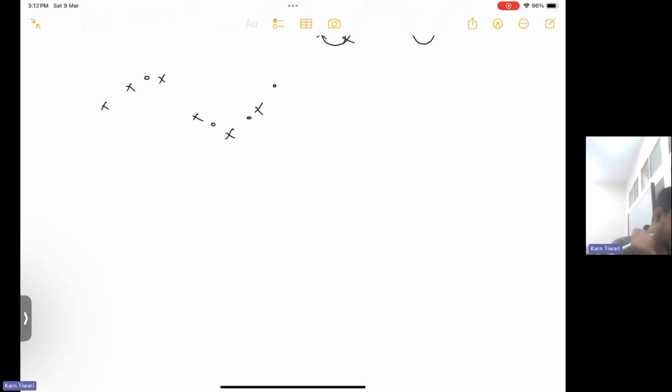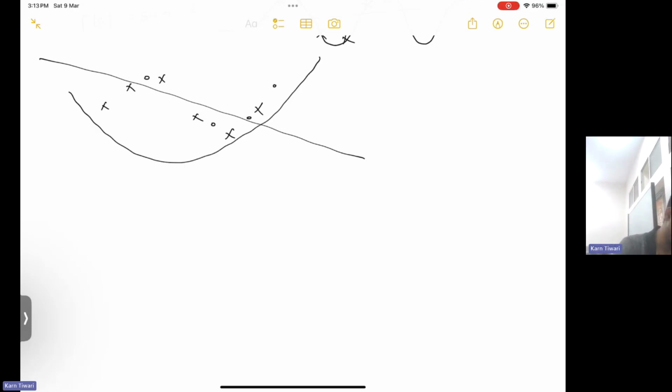So I can fit a lot of functions because the underlying function, I don't know. I can fit something like a straight line. I can fit something like a parabola. I can fit something like higher order degree terms. So a lot of functions can be fitted on it. In the end, our purpose is to minimize the loss. During training, we minimize the loss, which is the square root of prediction minus the true value squared.